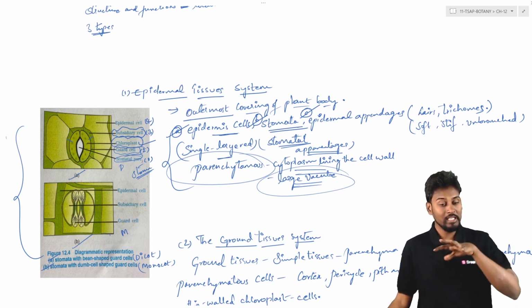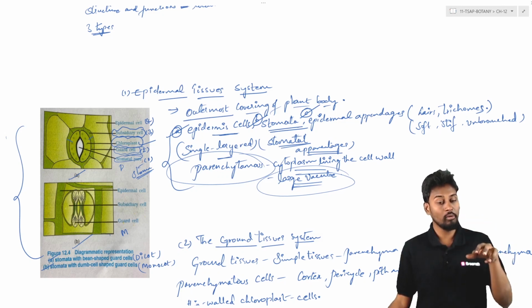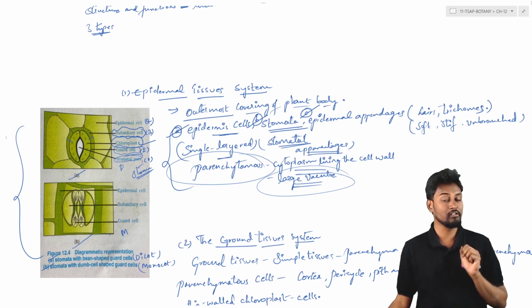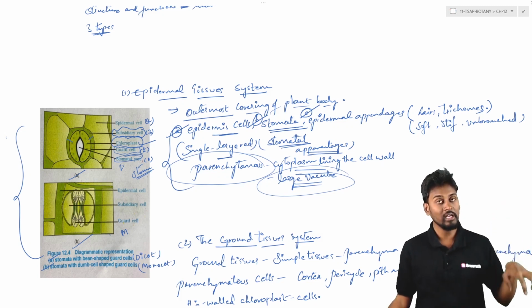So the subsidiary cells, the stomatal pore or stoma, and the guard cells, three together, are called the stomatal apparatus. The stomatal apparatus is embedded in the epidermal cells, placed within the tissue.